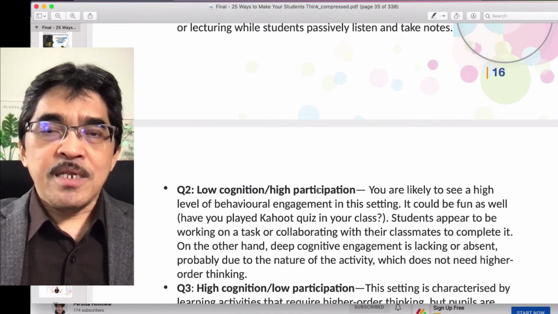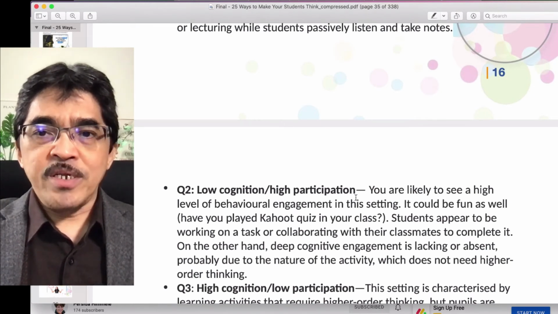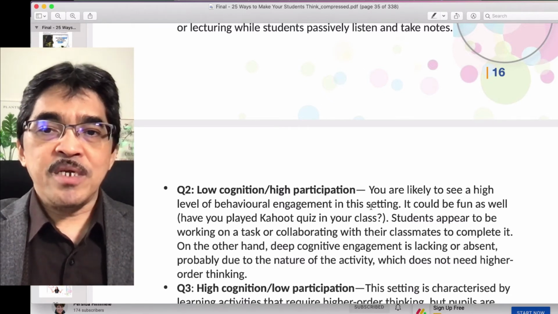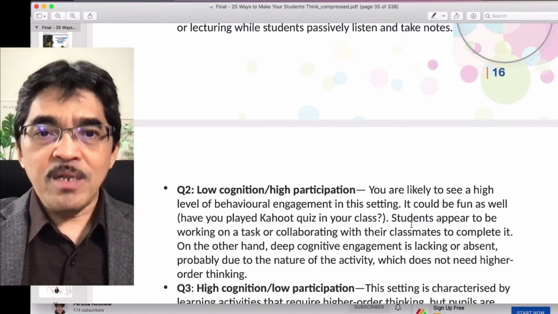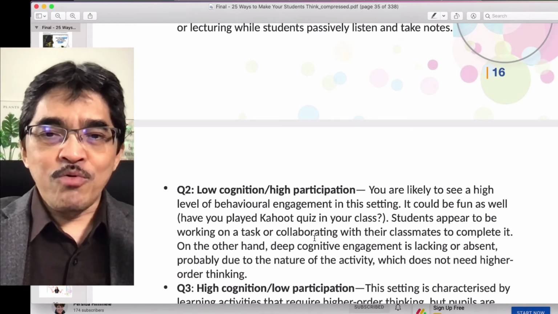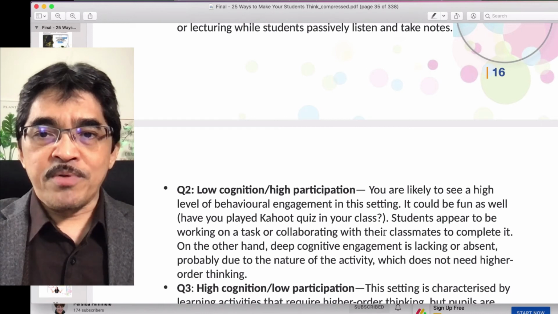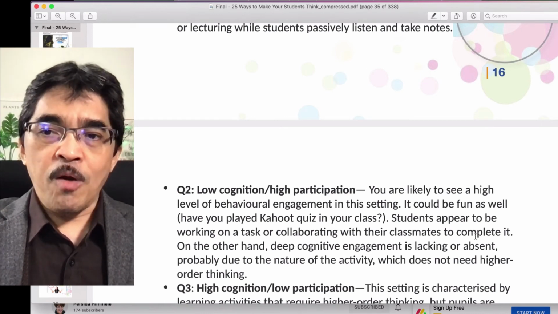In Q2, this is a low cognition and high participation quadrant. You are likely to see a high level of behavioral engagement in this setting. It could be fun as well, like students playing Kahoot, quizzes, and so on. Students appear to be working on the task or collaborating with their classmates to complete it.